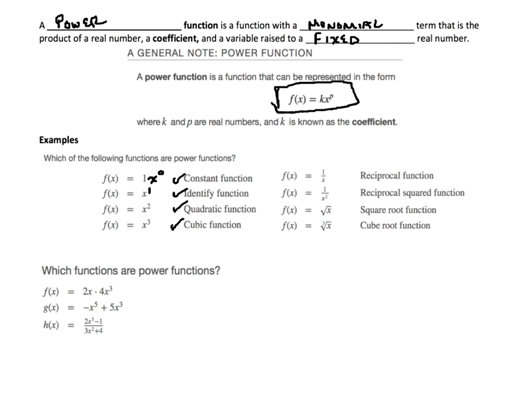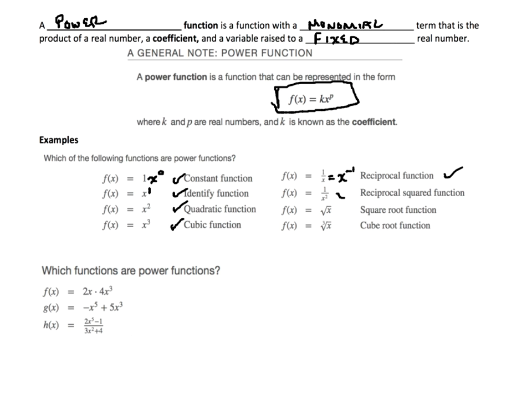Okay, so the other toolkit functions here, we have the reciprocal function, which we know from our exponent rules, if we bring that x up to the numerator, that will become x to the negative first power. And since raising x to the negative first power is raising it to a fixed value, this is also considered a power function.